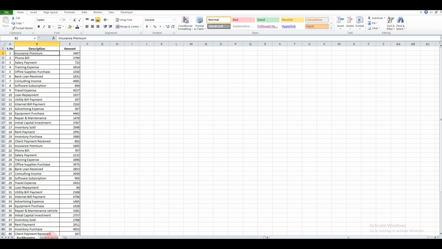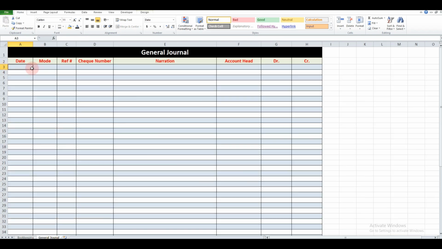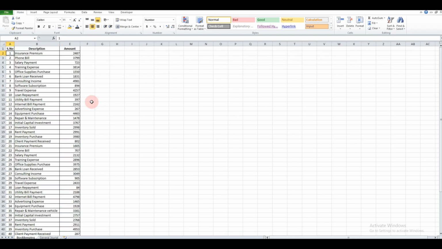First, I'm showing the insurance premium. Let's pass the journal entry. Here for the date, I'm taking the current date to save time. You can choose the date as per the entries. Mode of payment, what's the type of expense? It's CPV. Reference number, it's one.